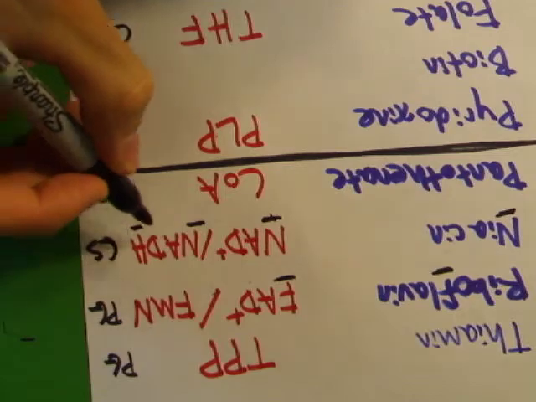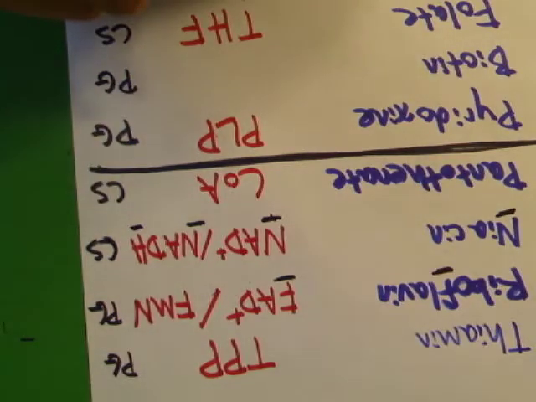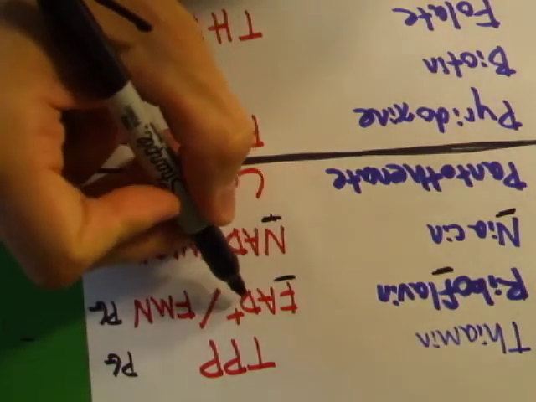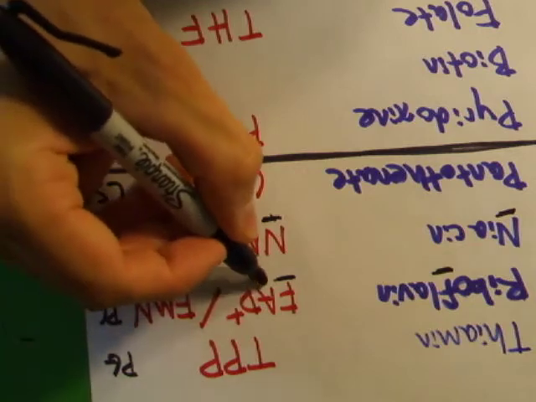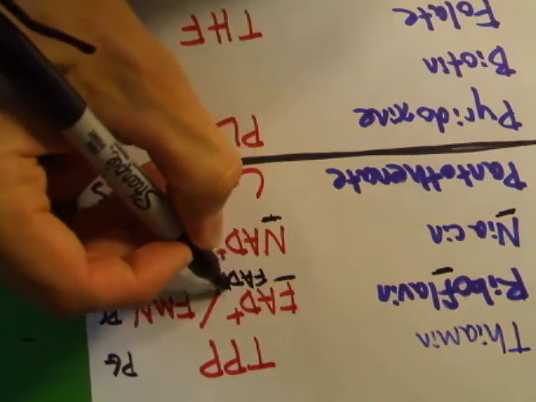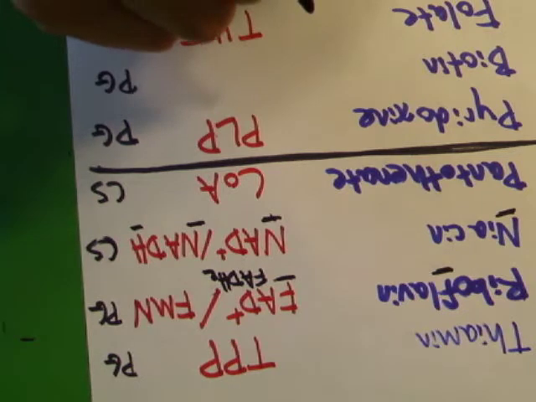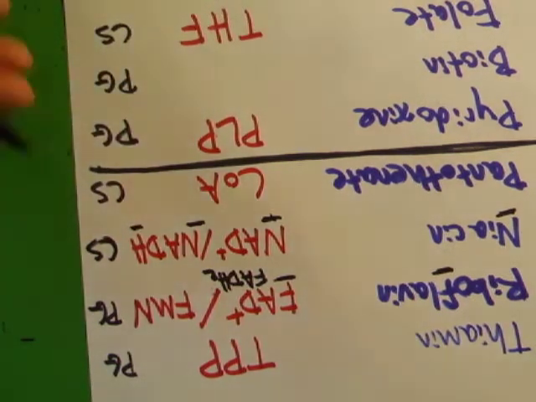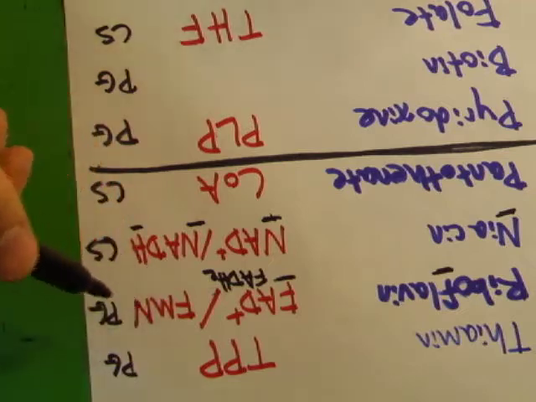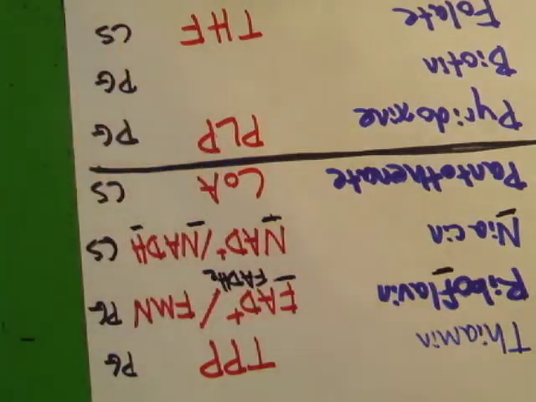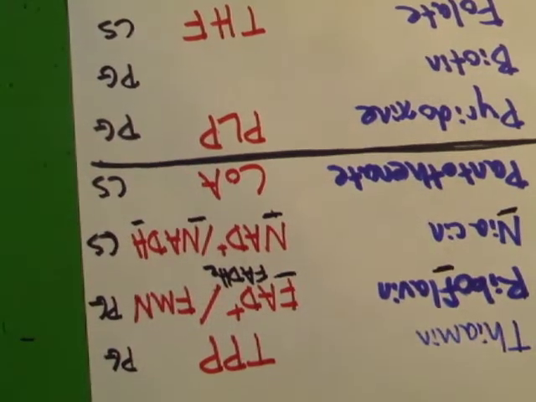If it has a hydrogen, this is the reduced form. So FAD plus is the oxidized form, and FADH2 would be the reduced form. FMN isn't used nearly as much. It pops up once. It's mainly FAD that you're going to be seeing.